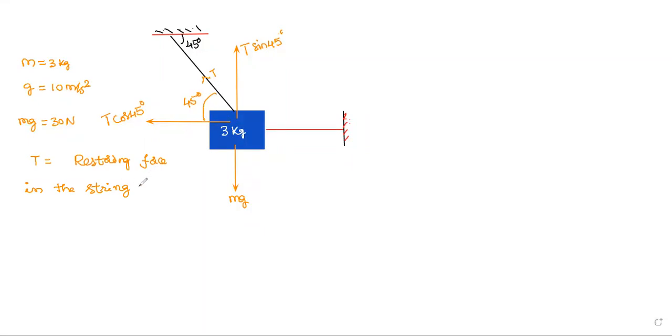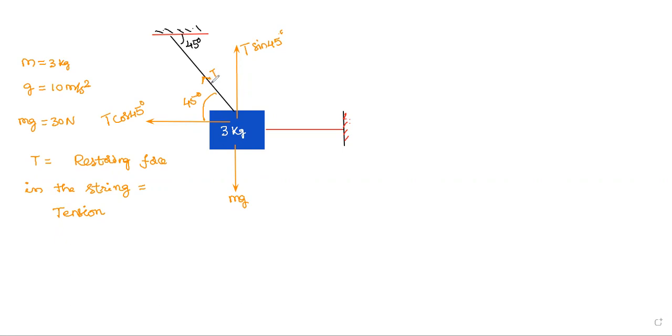That restoring force is called tension. It opposes the applied force and the weight. Weight tries to pull it down, so to oppose, tension will act in the opposite direction, upwards along the string.